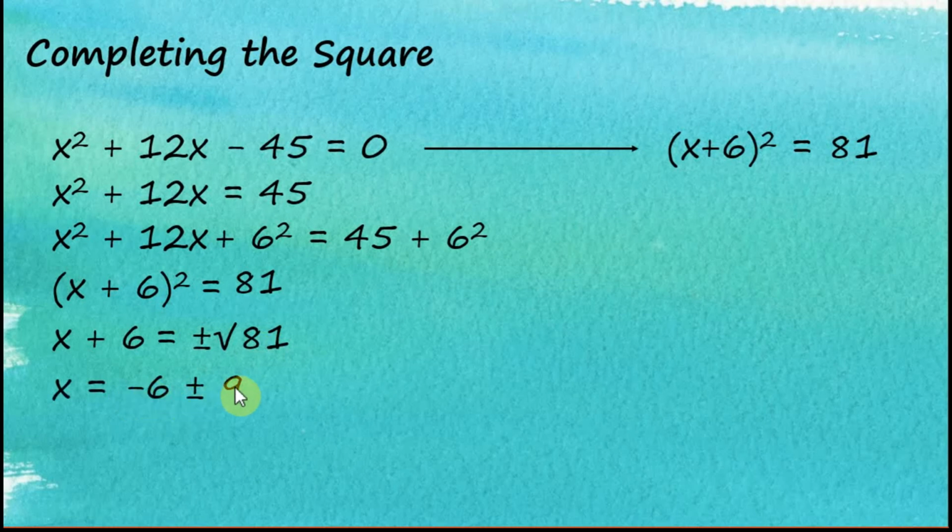Negative 6 minus 9, we get negative 15, and negative 6 plus 9, we get 3, and this is the answer. The solution for this equation is x equals negative 15 or x equals 3, and this is how we solve quadratic equations by using the completing the square method.